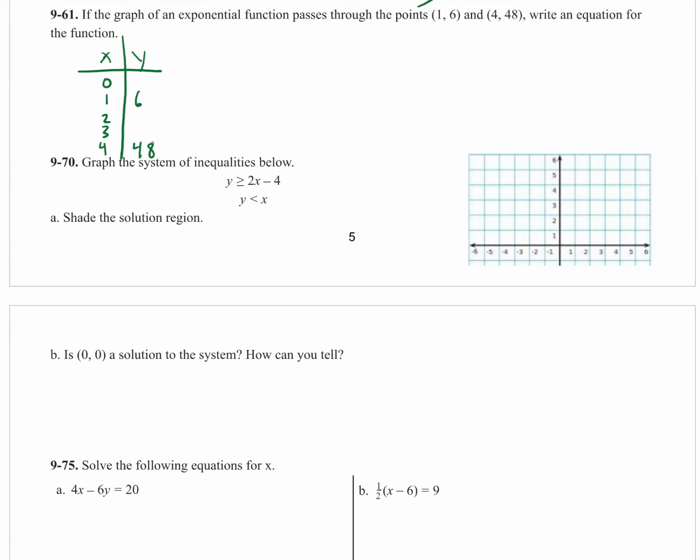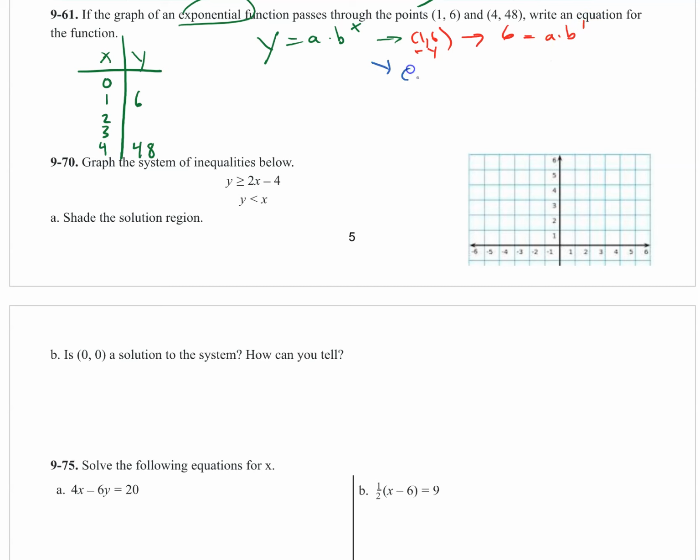The process here is, this is exponential, so we're going to use y equals a times b raised to the power x. So let's run it through our first point, which is 1, 6. This is x, that's y, so we get 6 equals a times b raised to the power 1. We don't know what a and b are, so leave them be.